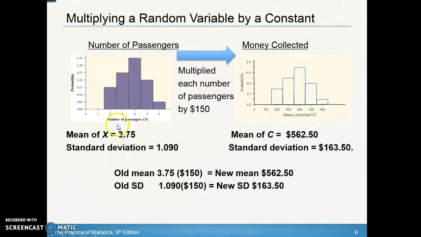$562.50 a day. If the standard deviation was 1.090 people, I can have 1.090 people above the mean or below the mean. How much money is that going to change per day?